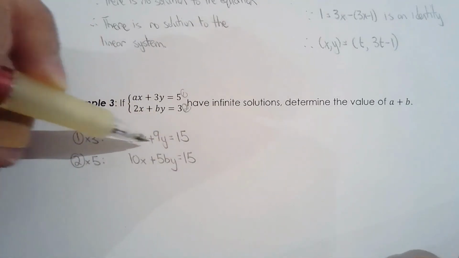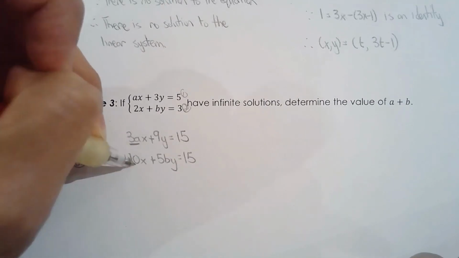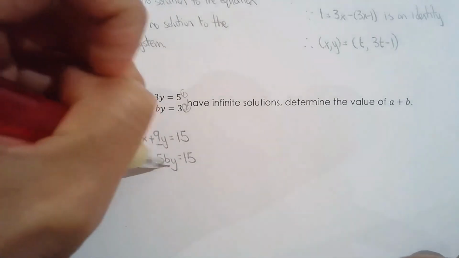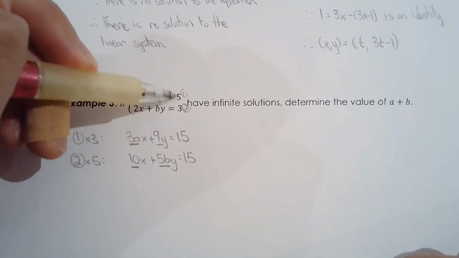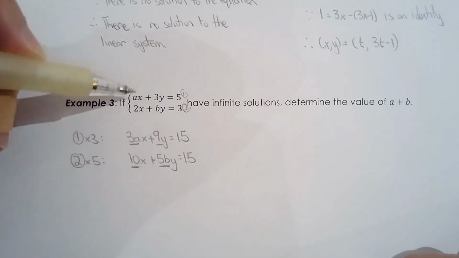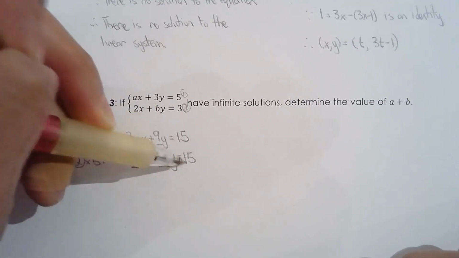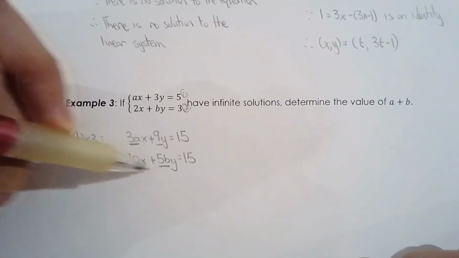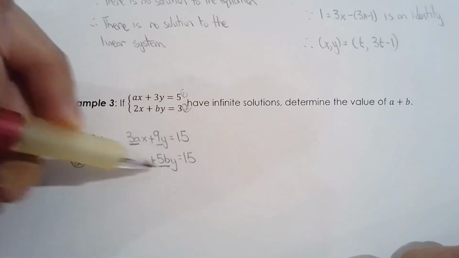So why did I want to see a 15 for both of my equations? Because now what I can do is equate the coefficients. When the constant terms were not the same, I could not equate the coefficients. But now that they both have the same constant term of 15, everything else must be the same, because we said that there are infinite solutions, which means the equations are identical.